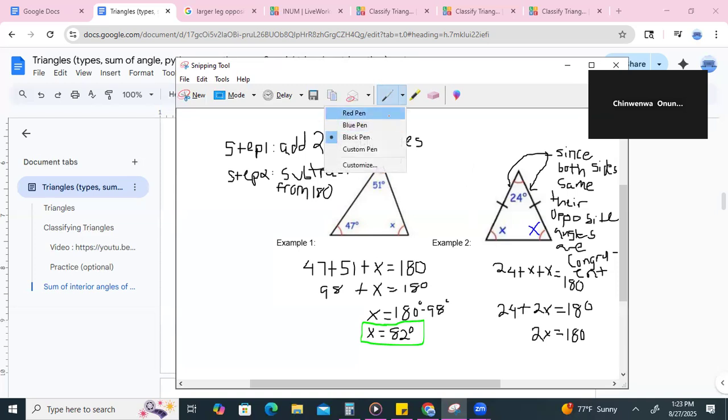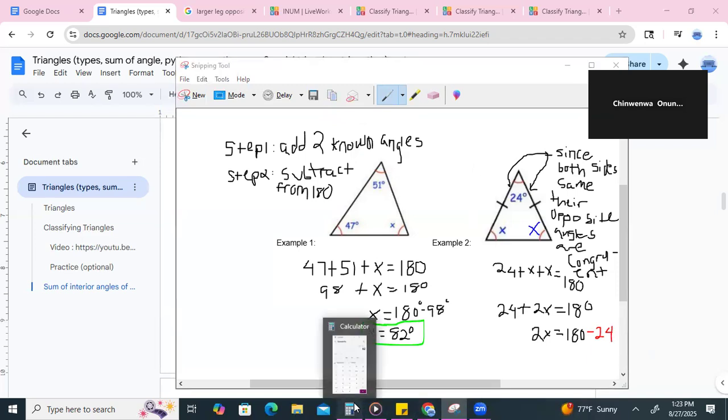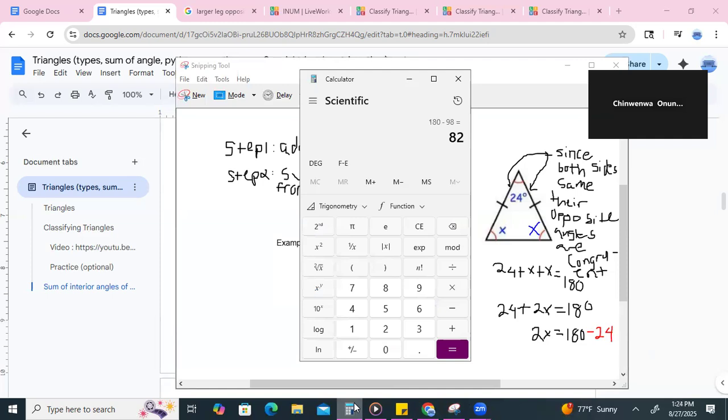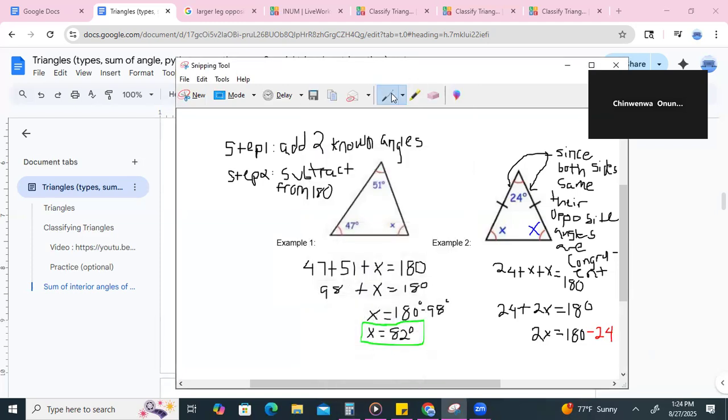Just move it to the other side, change signs if you want. All right, 180 minus 24 is 156. So we get that double of x is equal to 156.